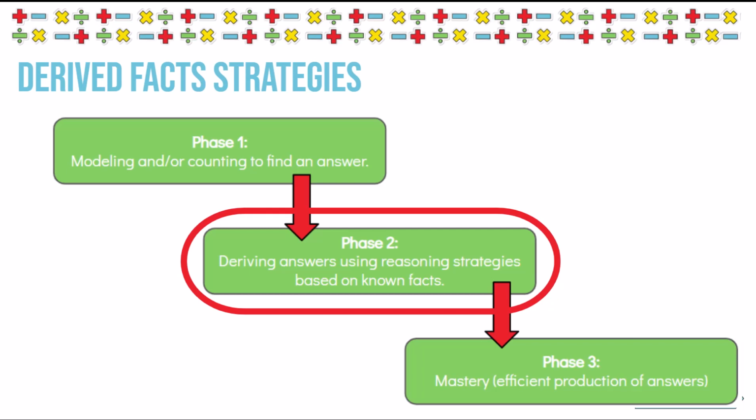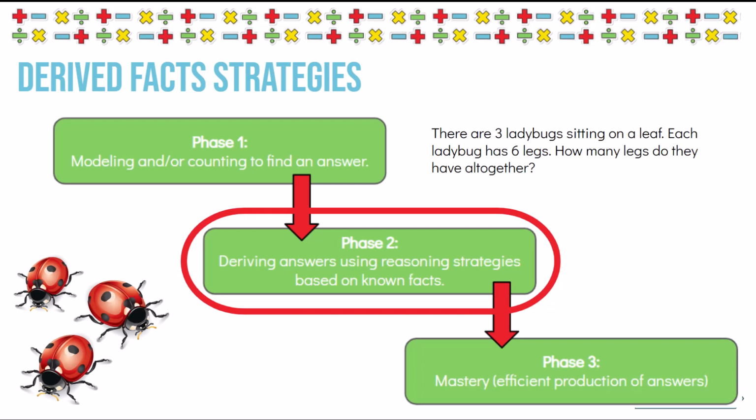In this example, where the students are presented with 3 ladybugs on a leaf and each ladybug has 6 legs, students are asked to determine how many legs there are altogether. Students may think repeated addition and know that 6 and 6 and 6 is 18.